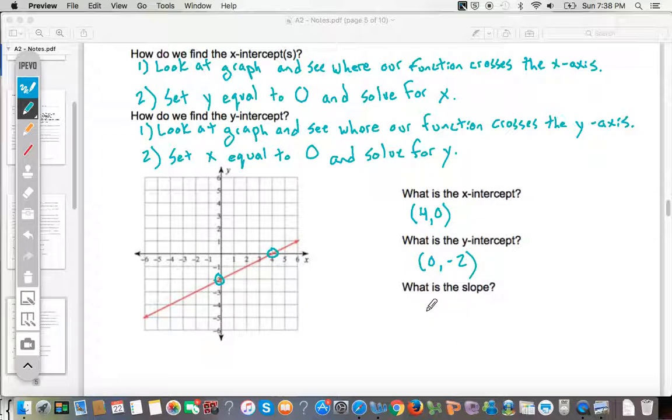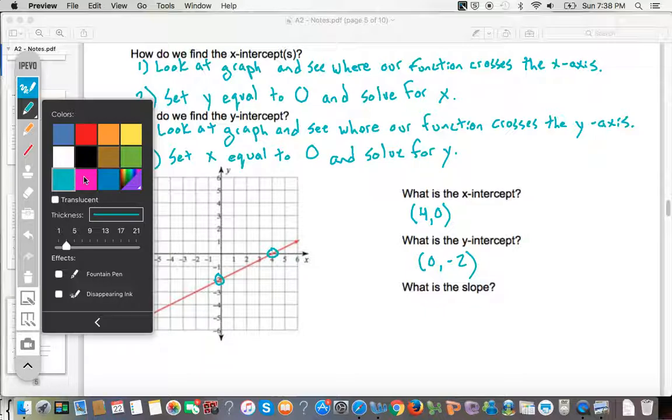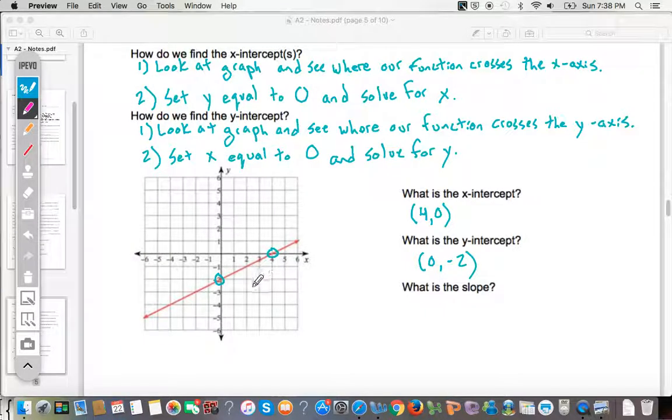So what is the slope of this line? So again, I'm going to pick 2 points. I'll pick my 2 circled points here. So I'm going to figure out what my rise is. So from this point, I go up 1, 2, and I go over 1, 2, 3, 4.